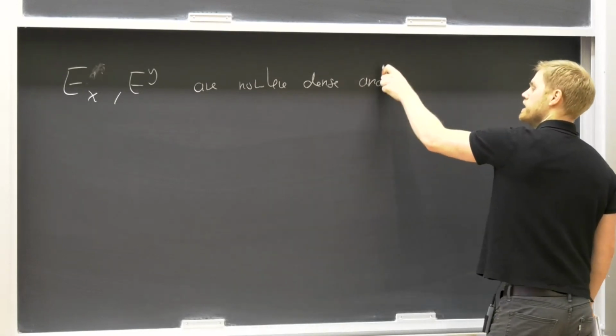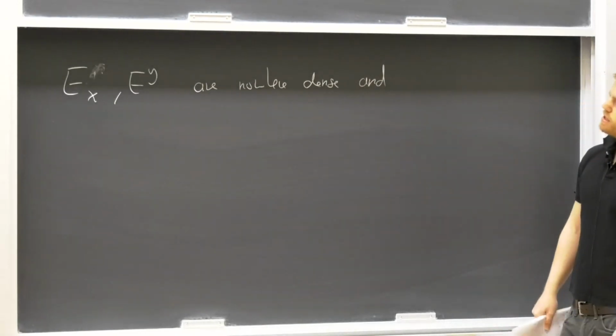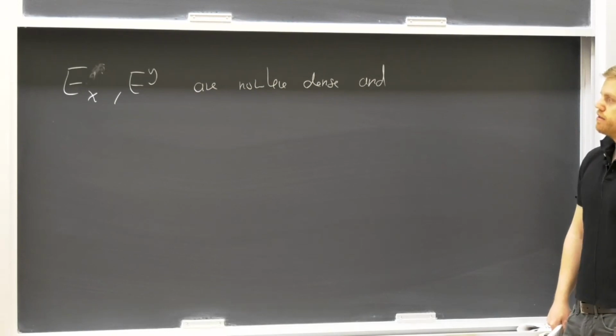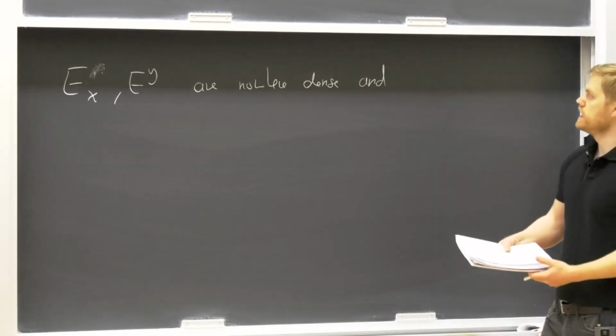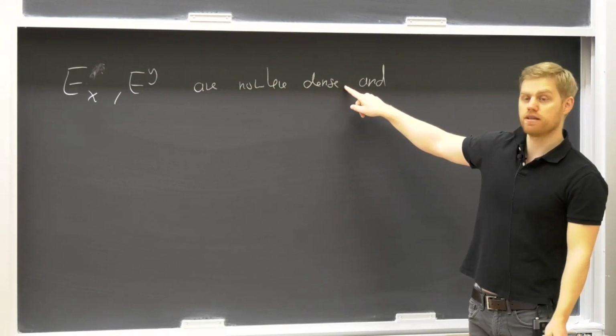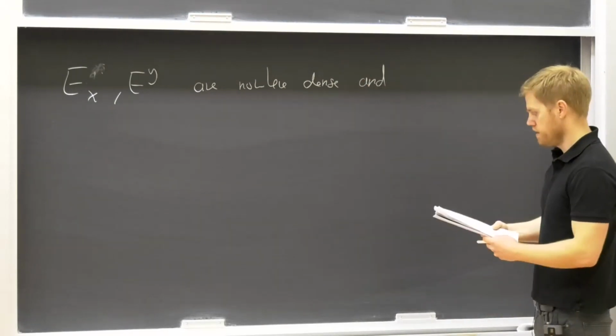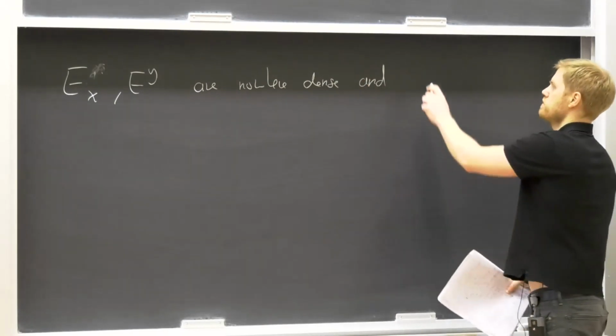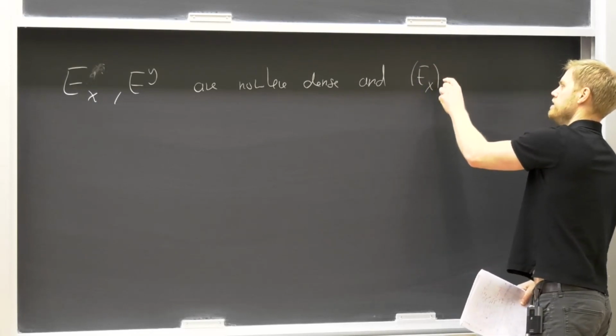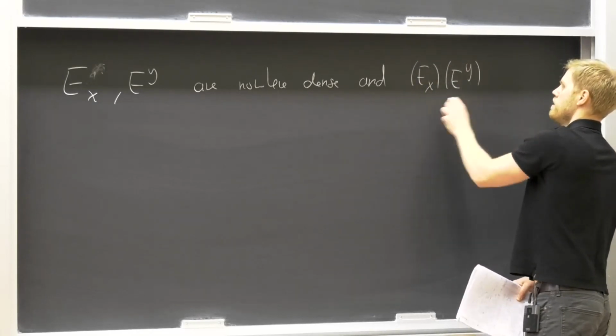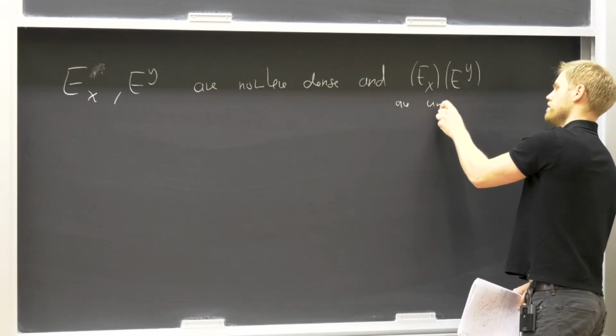Not only that, these are the sigma families for sure. And if we had this theorem that says if they are nowhere dense, they're uniformly M null, that means these families here, E_x and E^y, are uniformly M null.